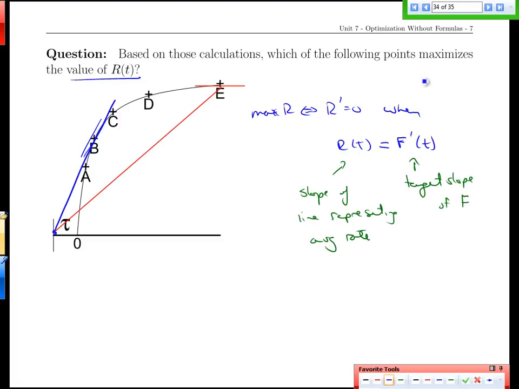And you'll notice it's a property that's true regardless of what the actual formula for f of t is. We didn't need to know it. As long as it has something roughly this shape, there's going to be one optimal point that we can identify based on this criterion, that the average rate is equal to the instantaneous rate of change at the optimum. We'll see some problems like that in your assignment.